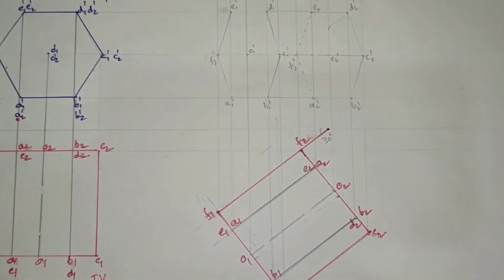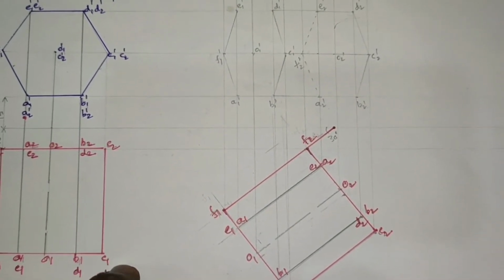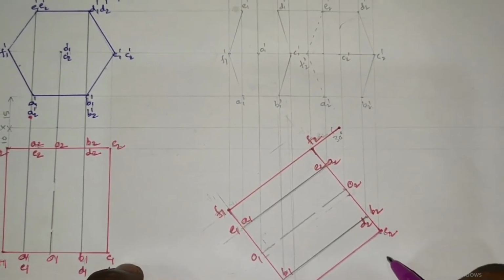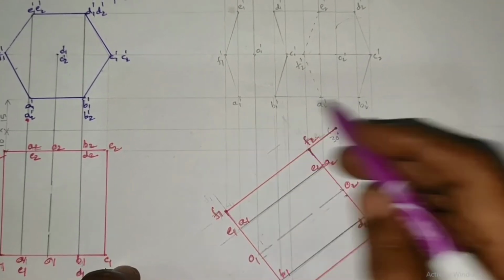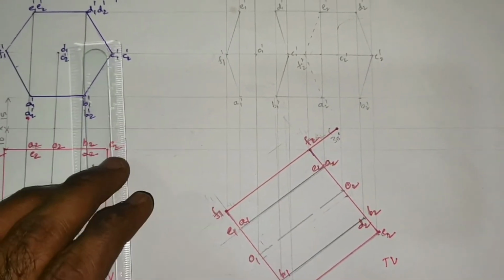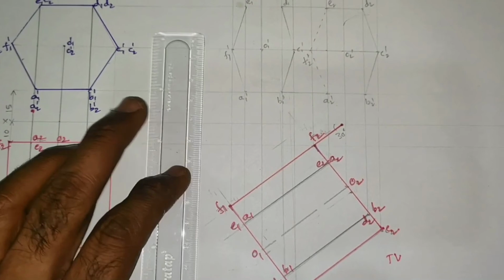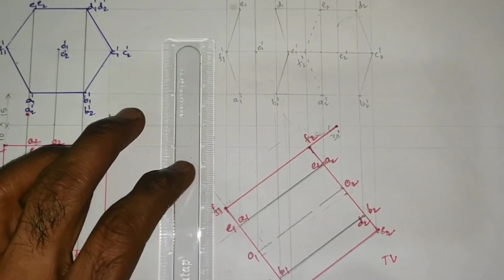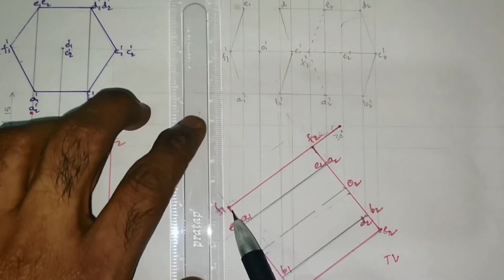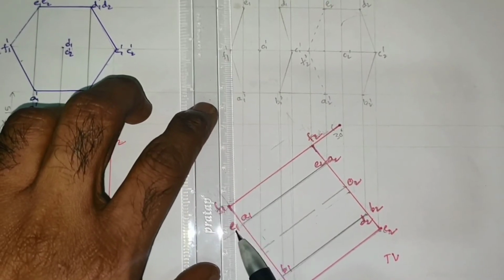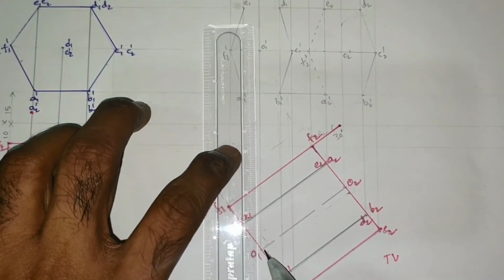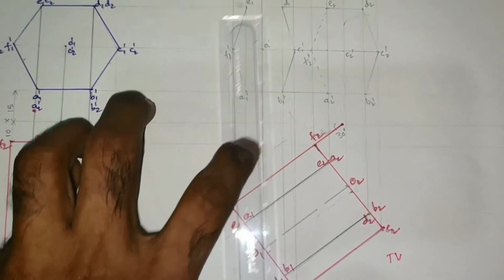Once we finish the construction of the top view in stage 2, which is inclined at 30 degrees with respect to the xy line, next we have to draw the projection lines from the top view from each corner. So from f1, similarly from e1, a1, from axis o1, d1, b1.